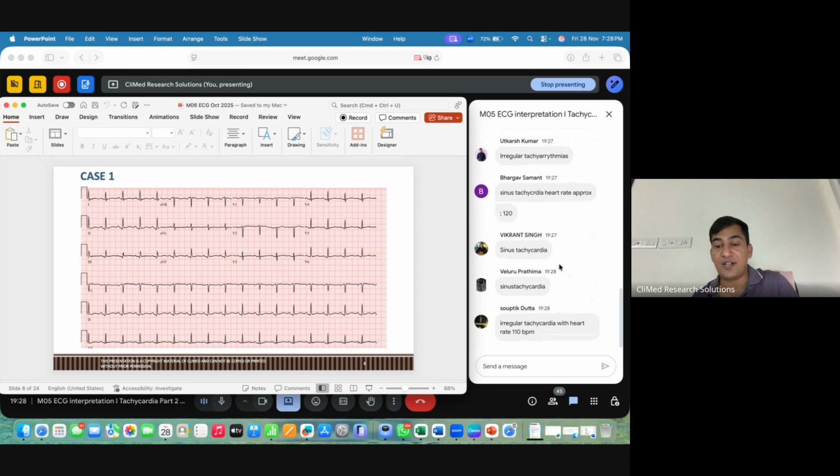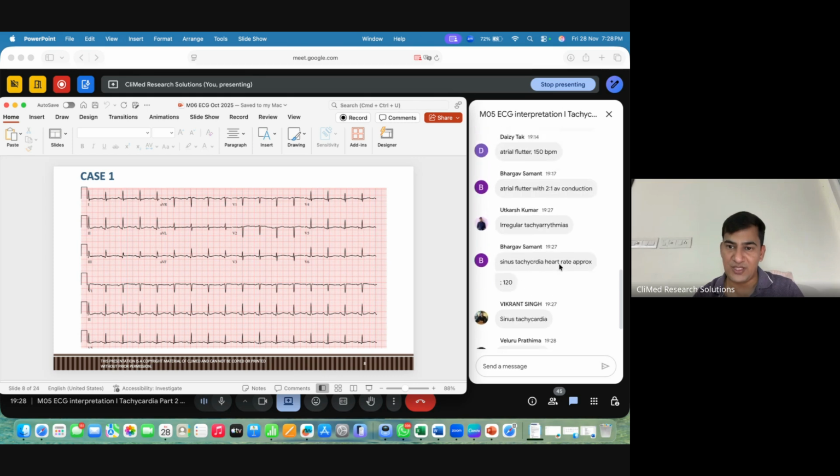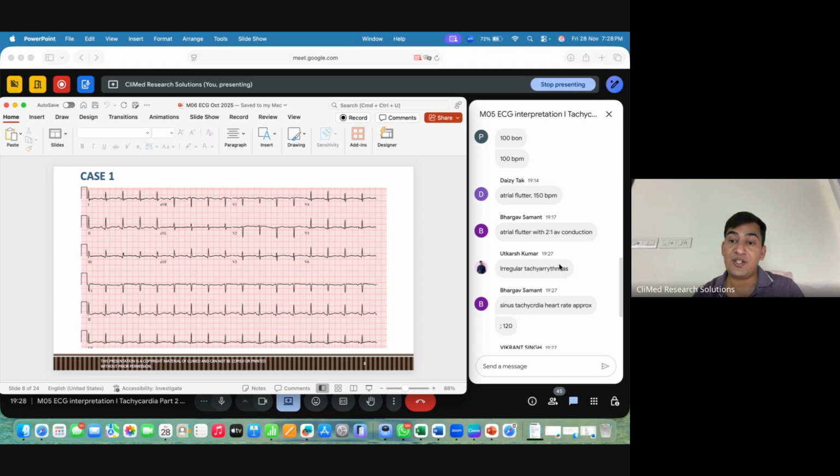Irregular tachycardia with heart rate 110. Only two or three people said sinus tachycardia, heart rate approximately 120. Irregular tachycardias, atrial flutter 2 into 1 AV conduction. Where did you see 2 into 1 AV conduction, dear? Bhargav Samant, where did you see 2 into 1 AV conduction?